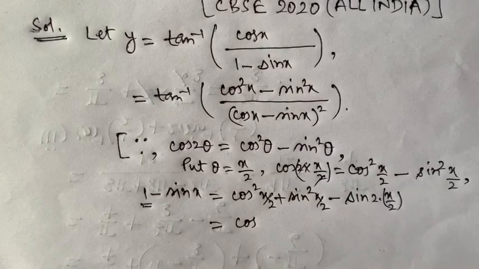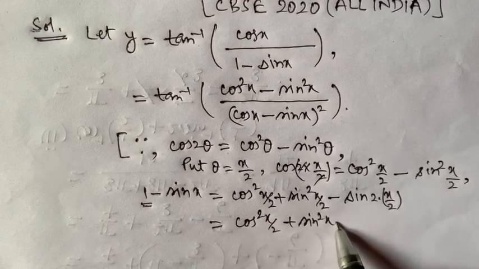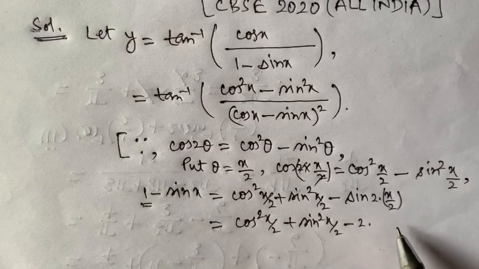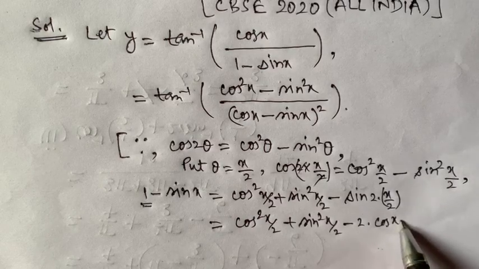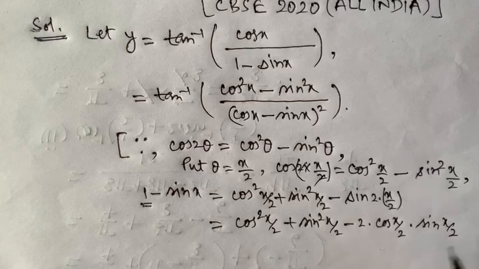We can take any angle, but what we need to take care of is that the angle we take must be same in both the cases, in the case of cos square and in the case of sin square. If angles are same at both the places, then their sum will be 1, and here it will be cos square x by 2 plus sin square x by 2 minus 2 into cos x by 2 and into sin x by 2.